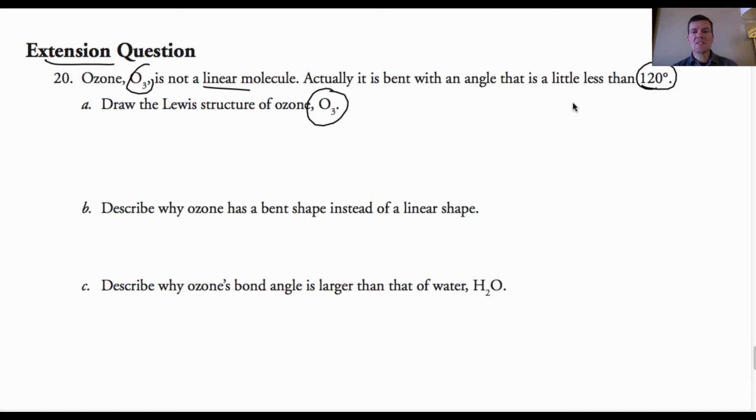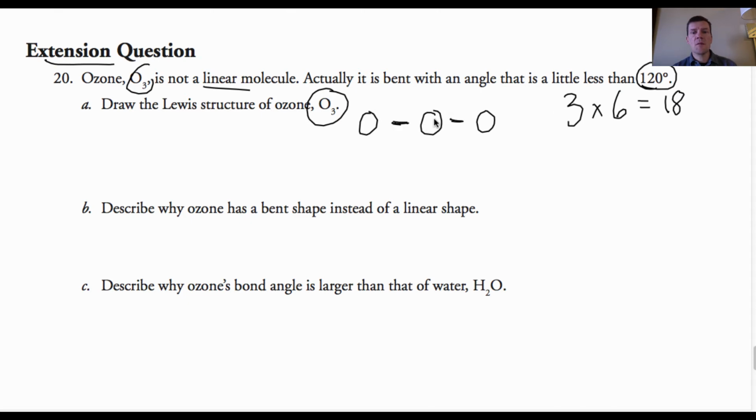We have 3 oxygens. Each oxygen has 6 valence electrons. So 18. Okay? And what's going to be the central atom? Well, we only have oxygen, so let's just put an oxygen here, bond it with the other 2 oxygens, like that. Skeleton structure again, draw it any way you want to, as long as you have the central atom and the other peripheral atoms around it.